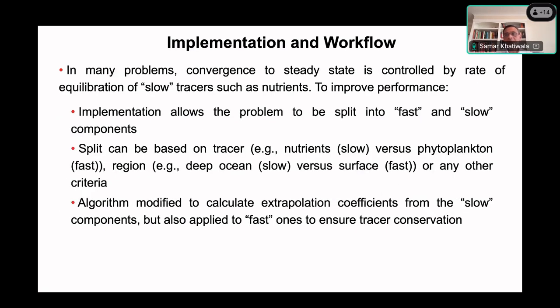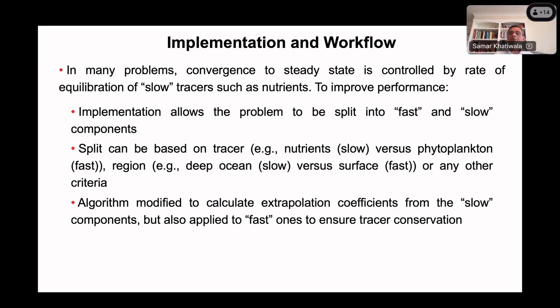And then finally, in a lot of problems, the convergence to steady state is essentially controlled by very slowly evolving tracers. For instance, in the ocean, you've got the deep ocean nutrients that evolve extremely slowly, or carbon that evolves extremely slowly over time.